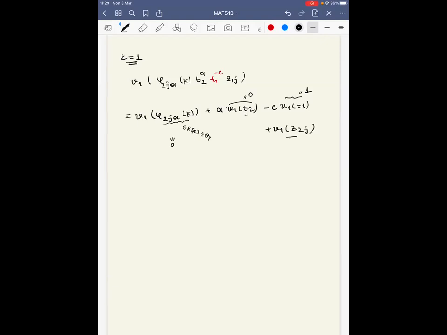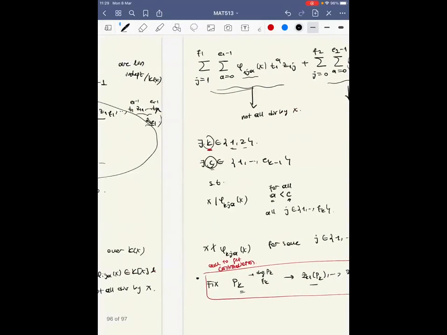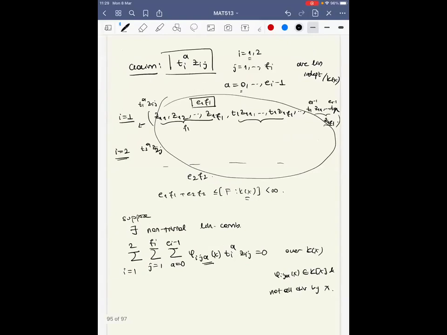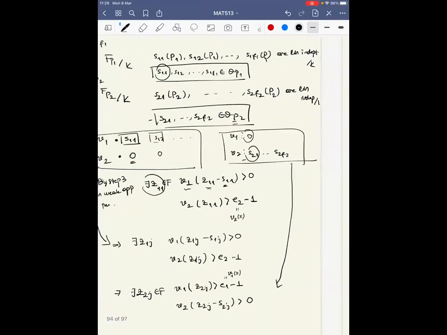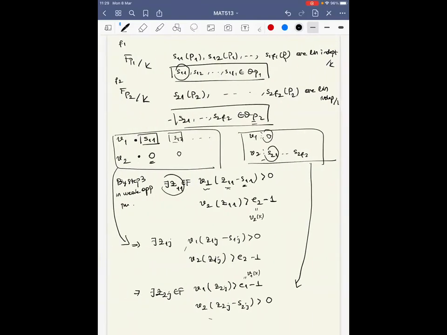And finally, since we have chosen Zij with respect to the weak approximation theorem, we consider here, note that this Z2ij is bigger than or equal to E1.